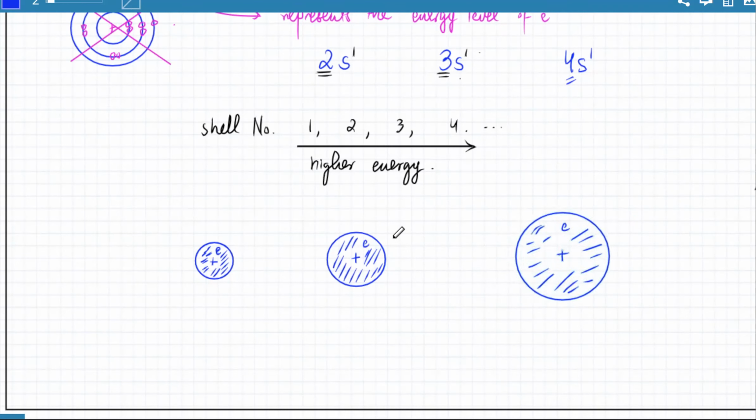So remember, it's the same orbitals, except let's write their names. Let's say this is 2s, this is 3s. So there's one electron over here and one electron over here, and this one is 4s, and it's got one electron as well. So shell just represents the energy level, and if the energy level keeps increasing, the electron would be further and further away from the nucleus.